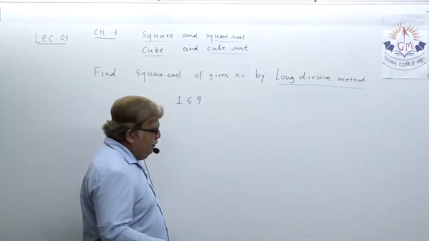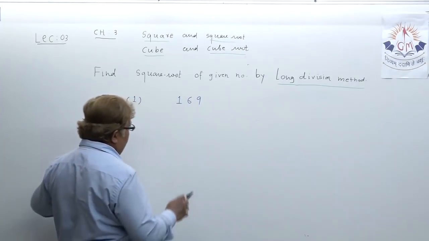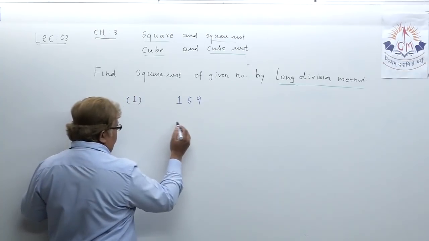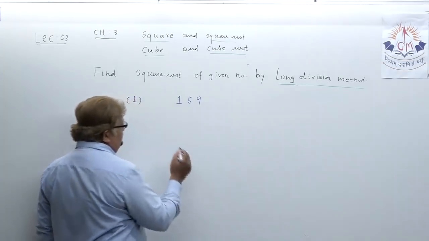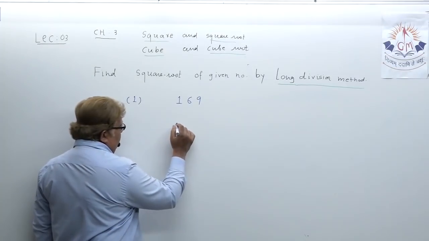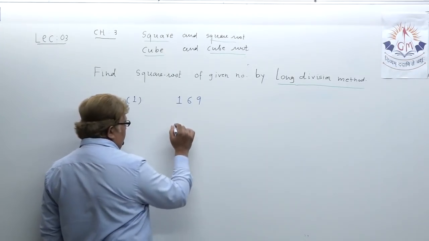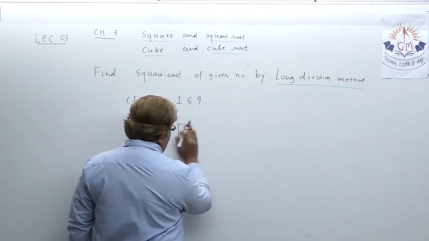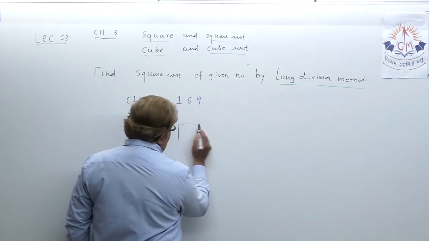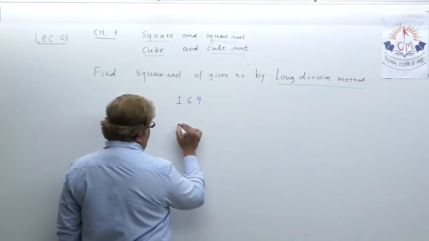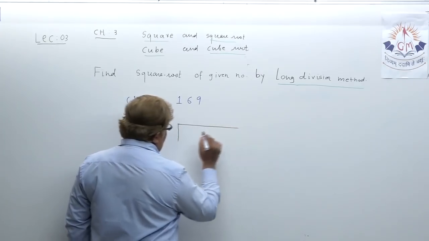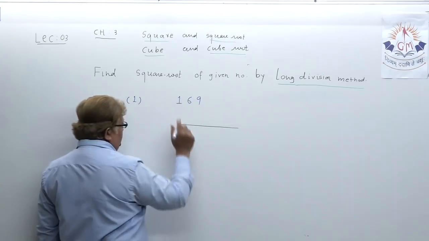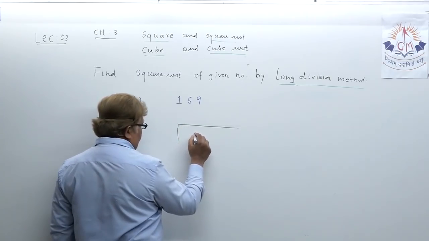Okay, try to understand long division method, how to do this method. First, in long division method, do division sign first. Okay, right, and write this number 169 inside this.